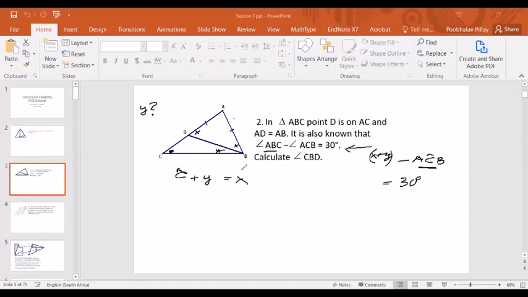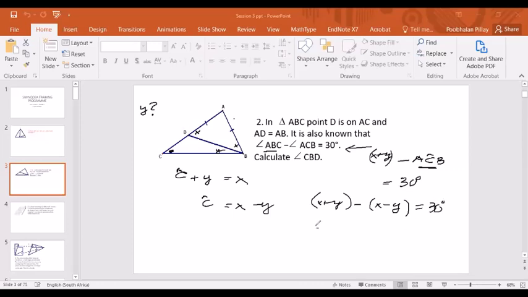So angle C is actually equal to X minus Y, which is the same as angle ACB. So you go back there and replace that angle by X minus Y, and there you have your equation.